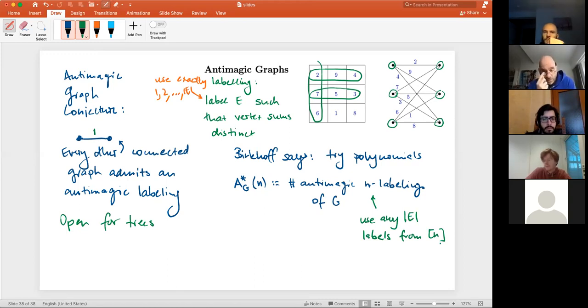I want my labels to be distinct, and I want the sums at the vertices to be distinct. And so the antimagic graph conjecture now says that in this counting function, if you plug in the number E, you get something non-zero.